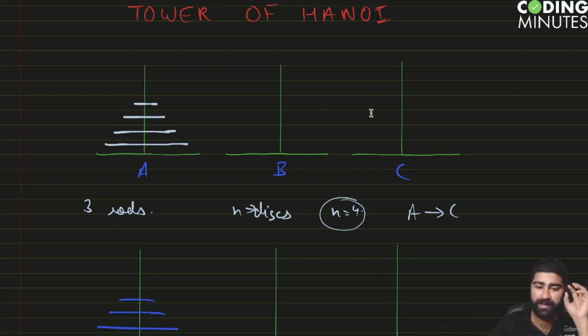Basically, what we'll do is we'll divide these n disks into parts, and we'll say, why don't you just solve this part, because that will be the same sub problem, right? That is moving disks from a particular rod to another particular rod. And we will say that, okay, you solve this sub problem, and then you solve another sub problem, and then finally the problem would be solved, right?